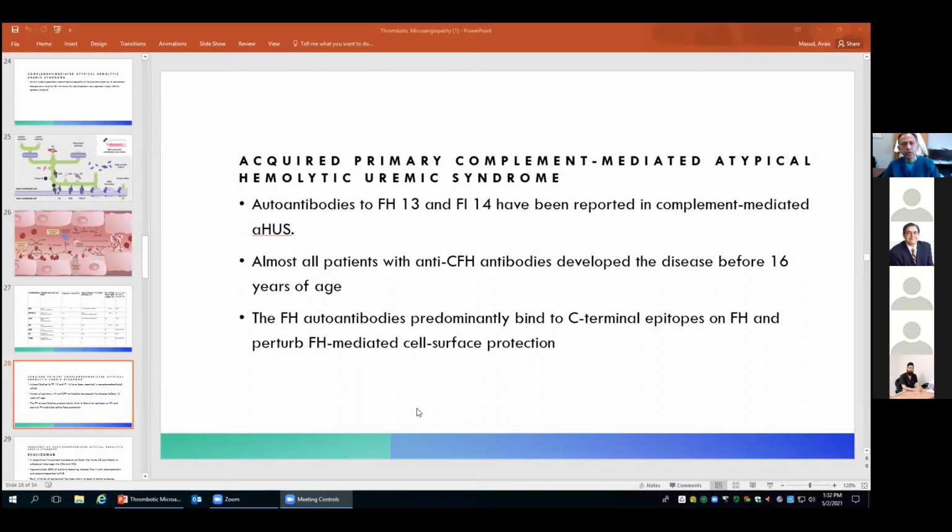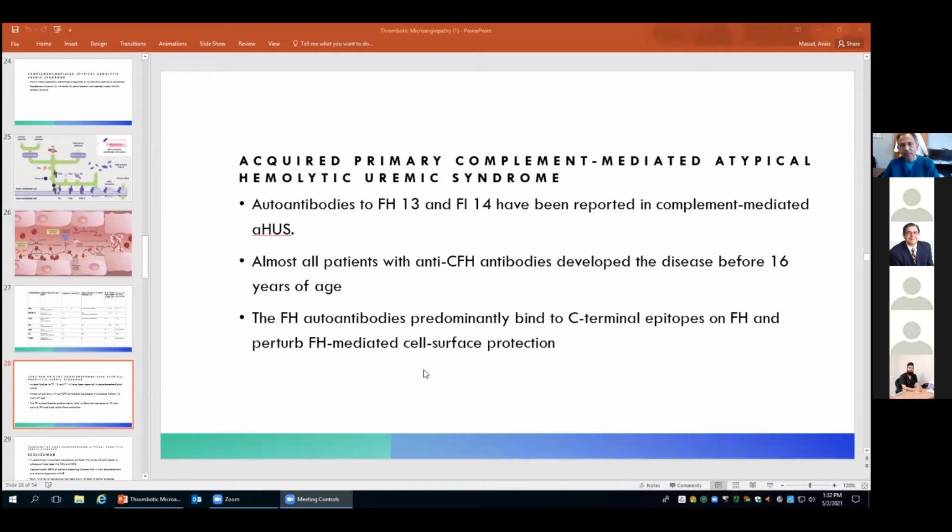Okay, so complement-mediated HUS is most of the time genetically determined. The mutation is there, and then some triggering factor can lead to disease.